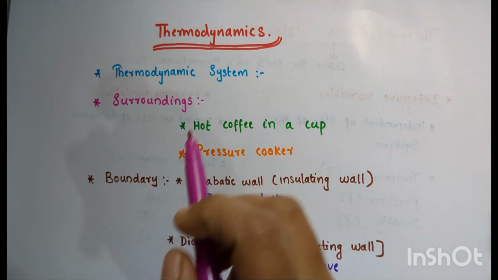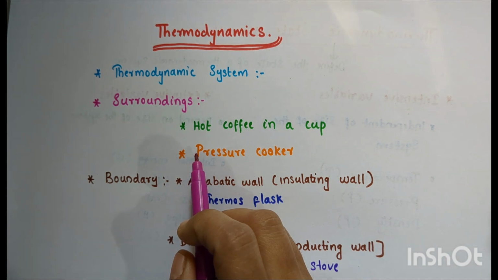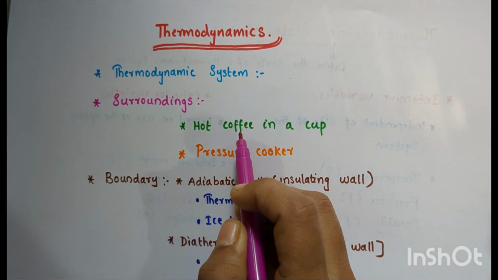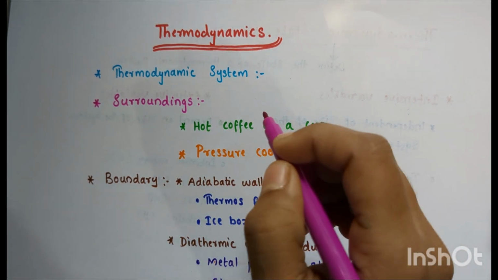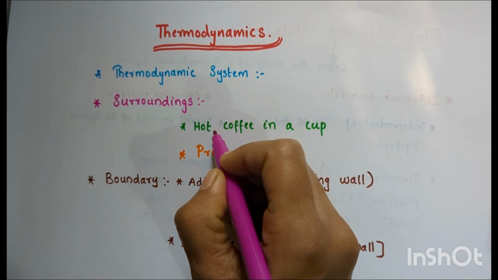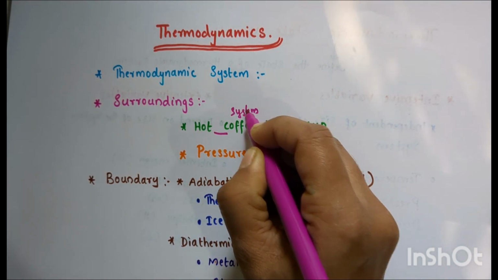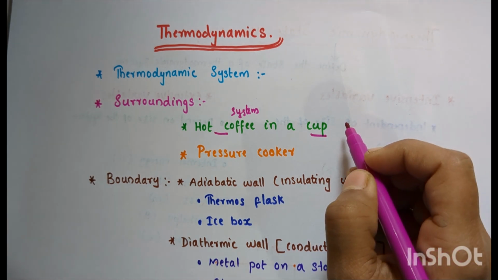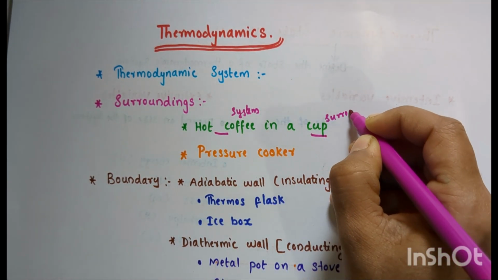Let us consider two examples to know more about the system and surroundings. For example, let us consider the hot coffee in a cup. When we consider this hot coffee in a cup, this hot coffee is the system. And the cup, the air, the table, everything around this hot coffee, that is actually the surroundings.